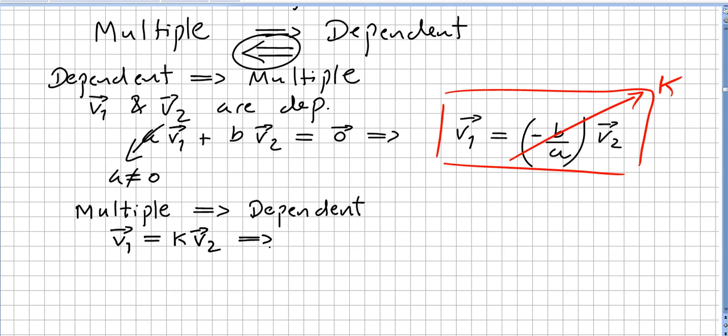But if that happens, then v1 can also be written in this way, where the scalar here will be 1. And this means, since they can be written as the zero vector without the scalars being all 0, that they are dependent. And that concludes the proof for both directions.